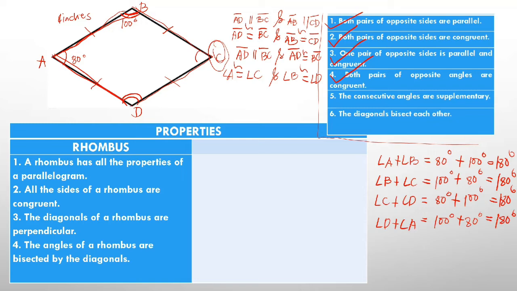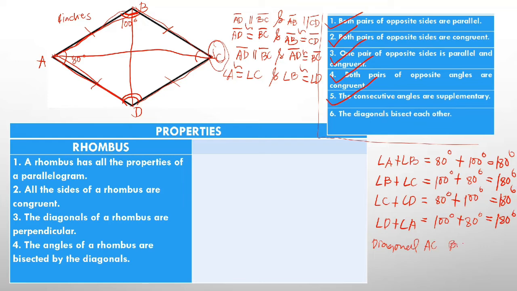So that's number 5. And our number 6 property: the diagonals bisect each other. So our diagonal AC is bisected by diagonal BD, or divided into equal parts by diagonal BD.